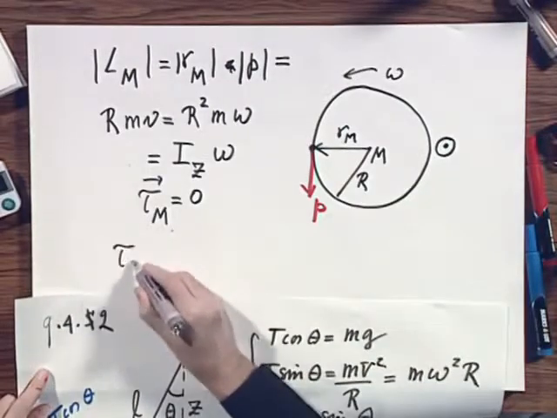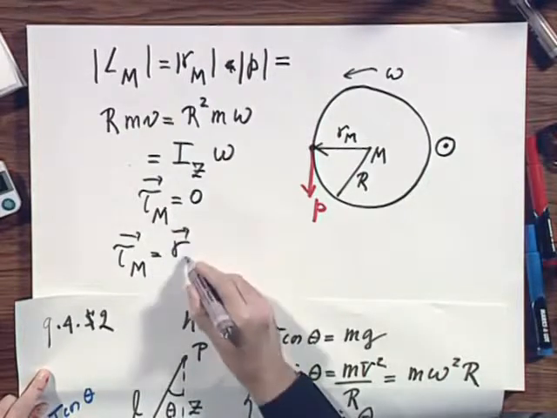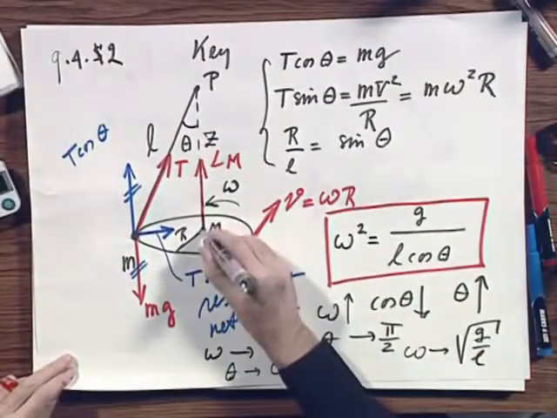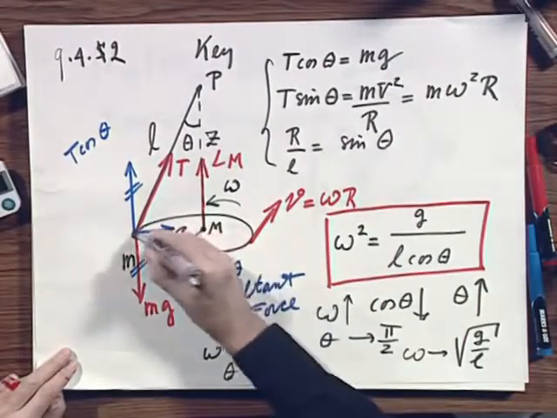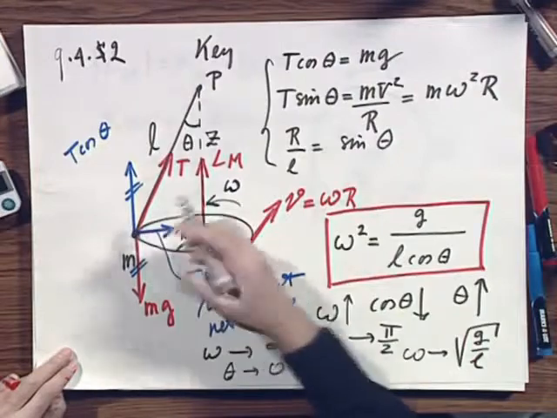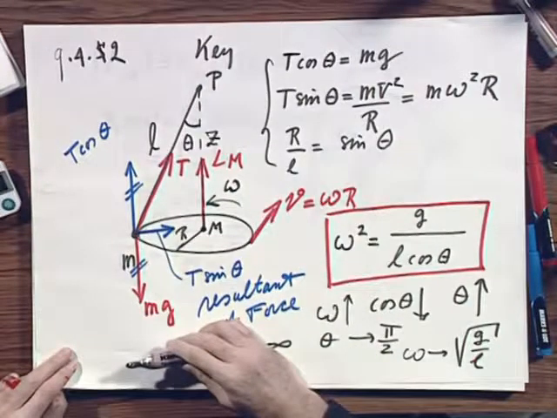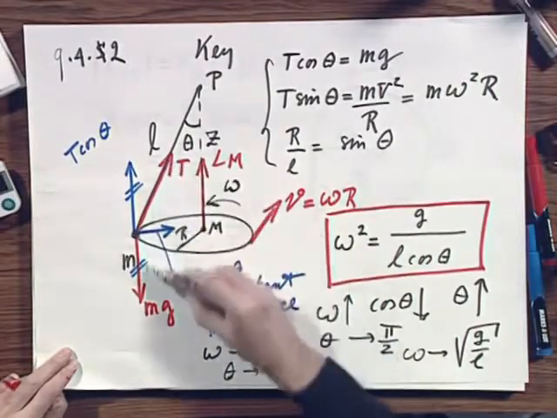What is the torque relative to point M? That equals r relative to point M cross F. Well, if we are here, r is this vector from M to this point. What is the force that is acting? Well, this is the net force that takes care of T as well as mg.